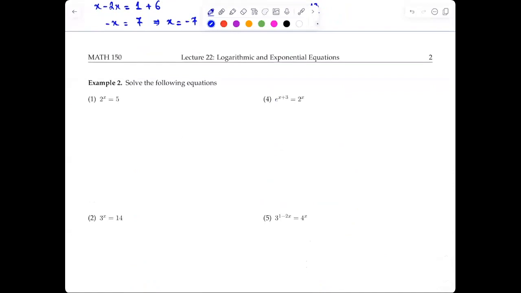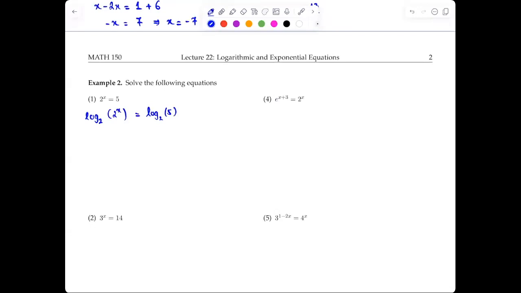Now what you do is you take a log of base 2 on both sides of the equation. All right, so let's do that first step. I'm going to do log of base 2 on both sides of the equation. Why log of base 2?